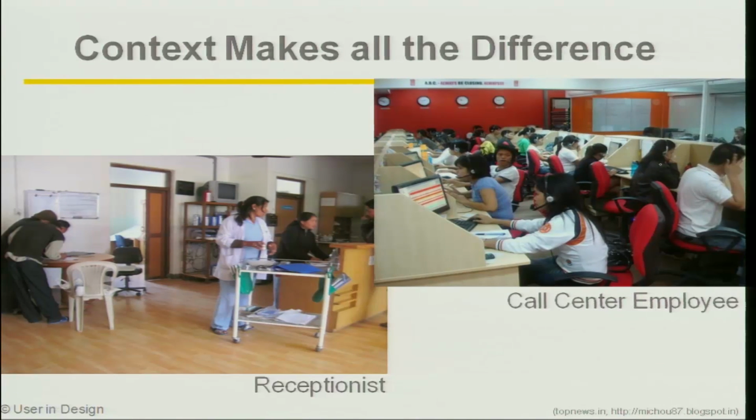The call center application was working fine. It was the identical application, but in the doctor's office, that same application used to send insurance claims back to the insurance company. There was a big turnover of staff.